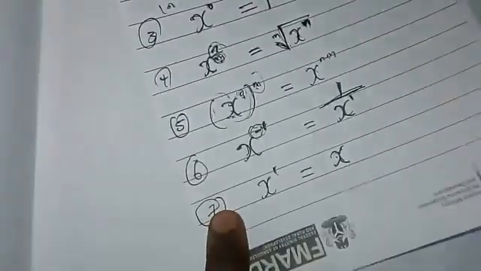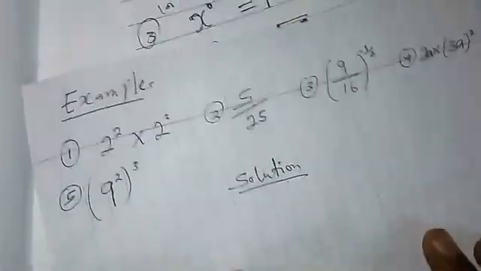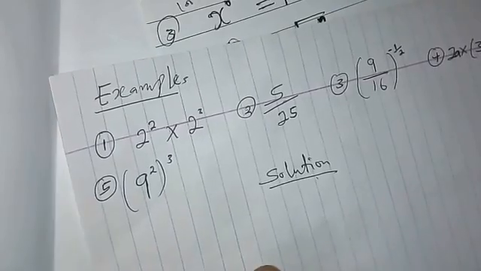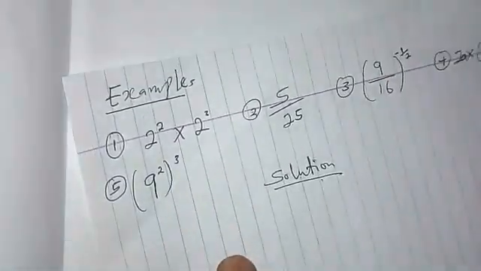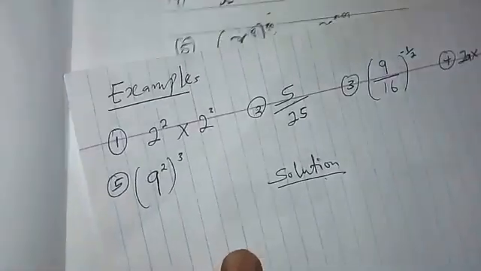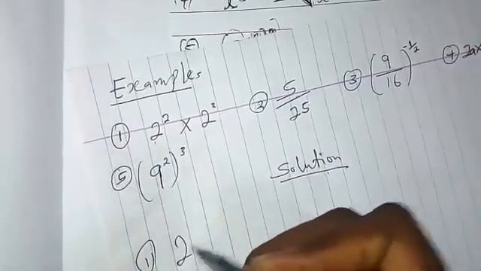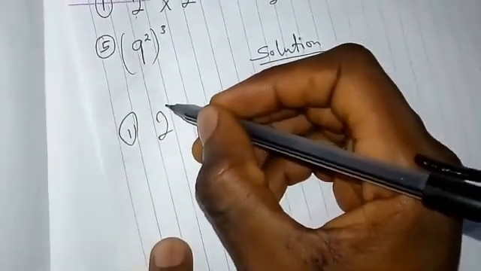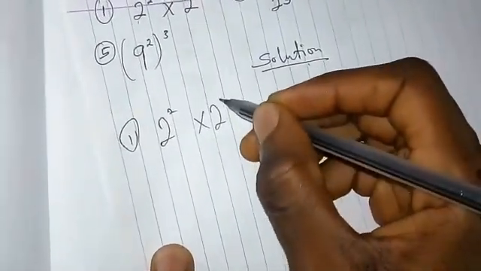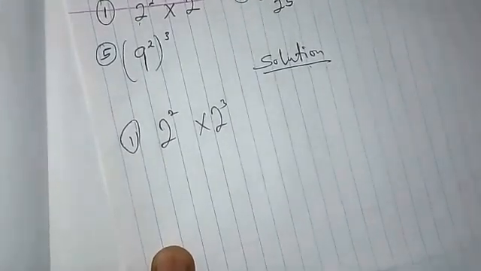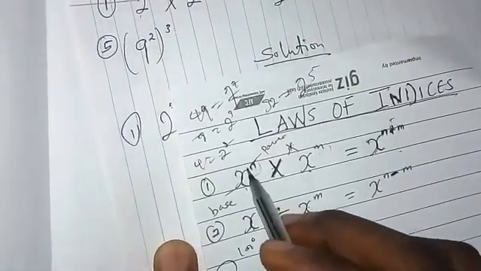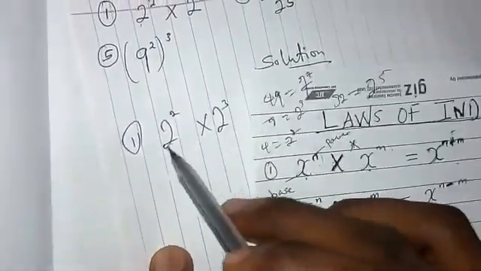So here are some examples which we are going to look at. Since we know the formulas, this is number 1: 2 raised to the power of 2 multiplied by 2 raised to the power of 3. According to the law, don't forget, this 2 is the x.